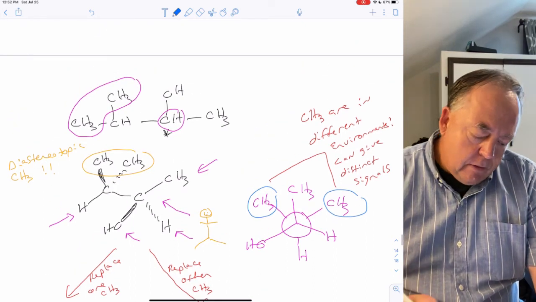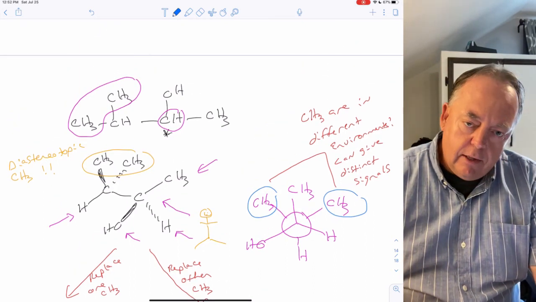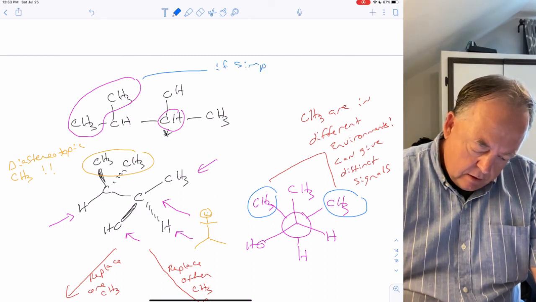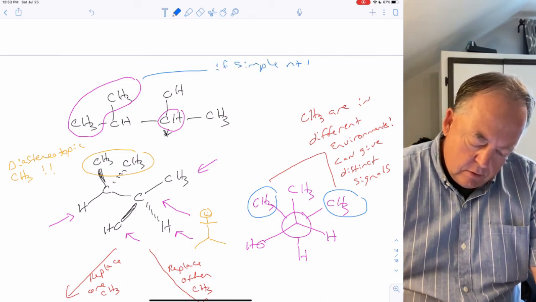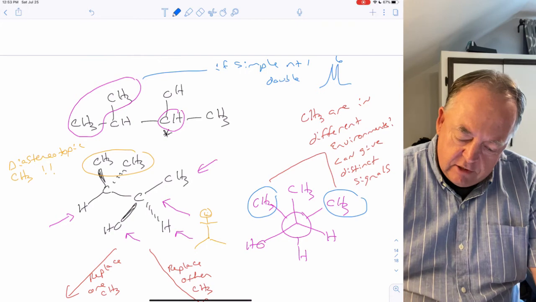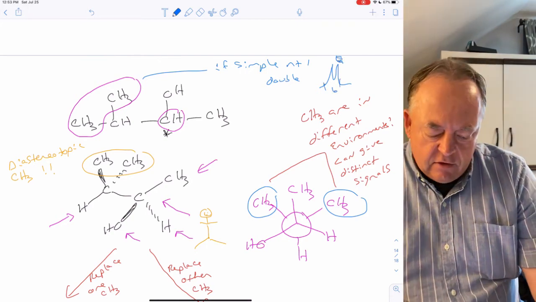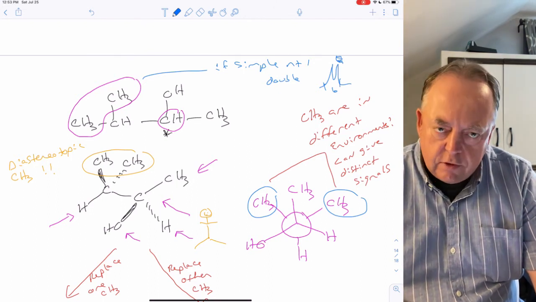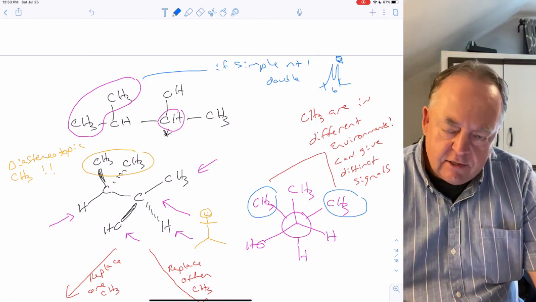So you might normally say it'd be a doublet that integrates to 6 hydrogens, right? That's if the simple N+1 rule works, but if you recognize that these methyl groups are different, they're diastereotopic, then that doesn't apply.